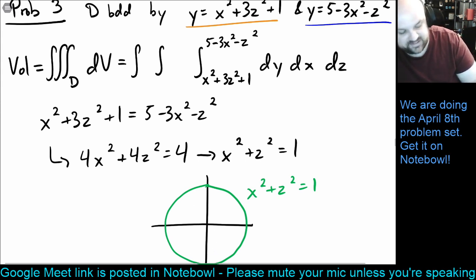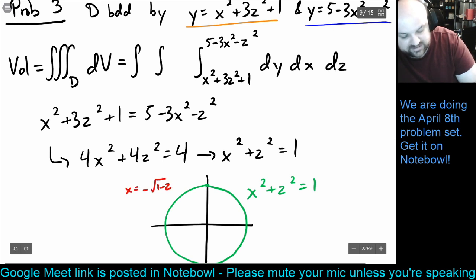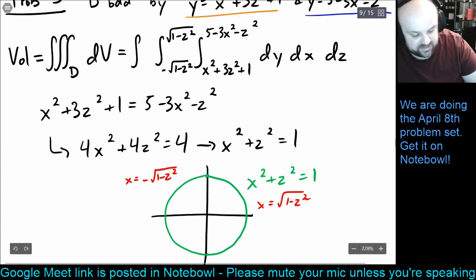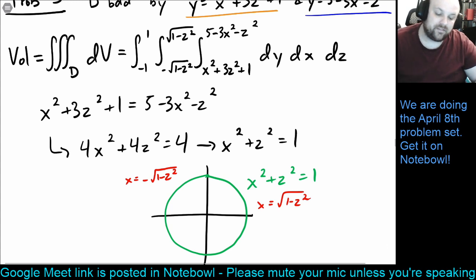The left side is x equals negative square root of 1 minus z squared, and the right side is x equals square root of 1 minus z squared. Then for z, down here is negative 1 and up here is 1, so minus 1 to 1. At least set up in Cartesian coordinates, this is how we would integrate this.